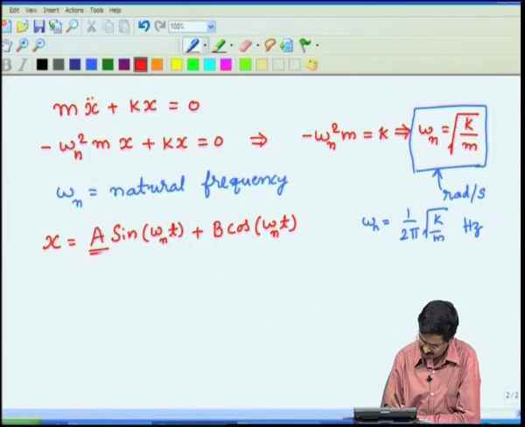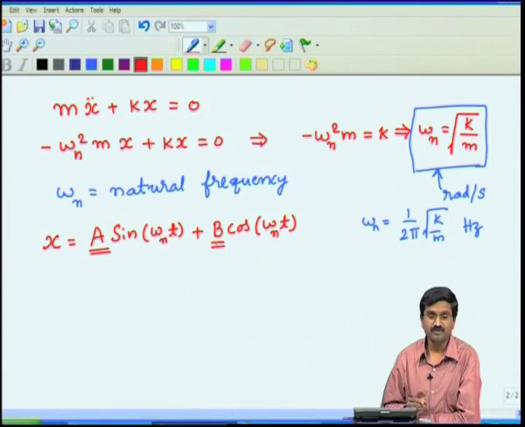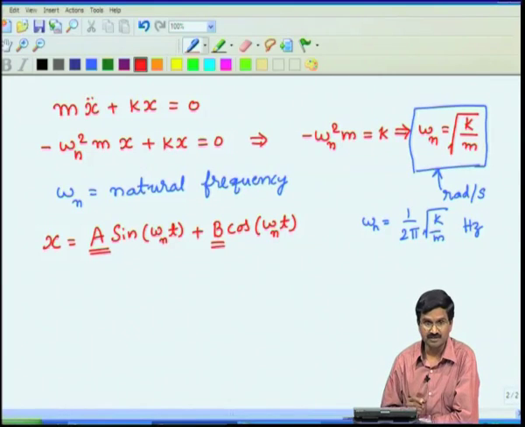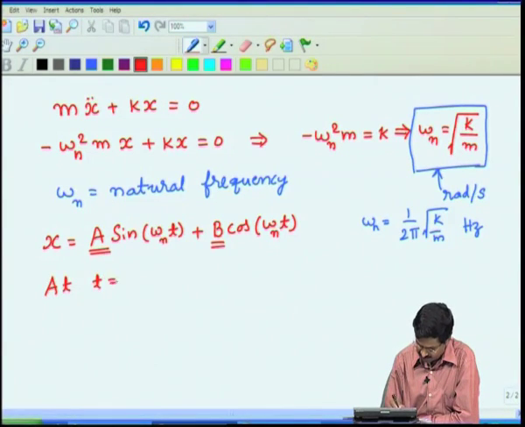Now, we want to determine these constants a and b, for which we need the initial conditions of this system at t equal to 0, wherever you start as a reference time.